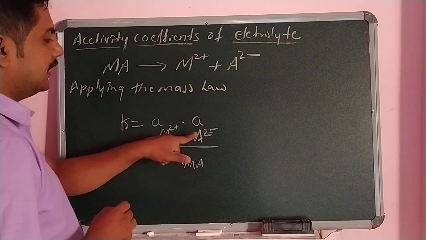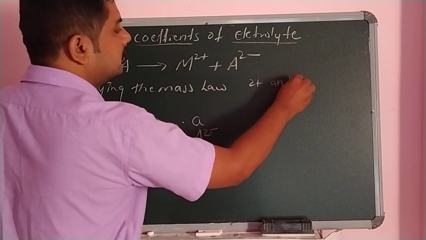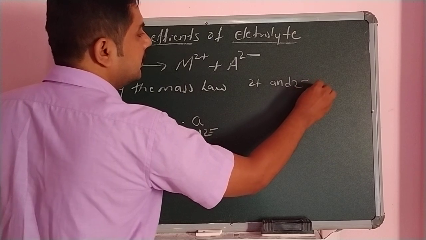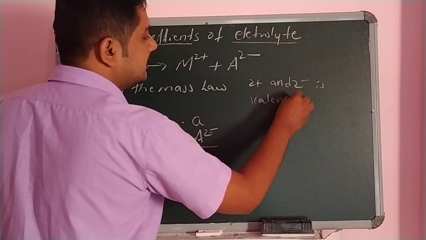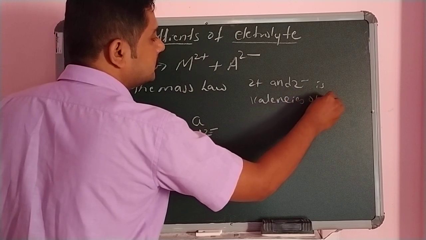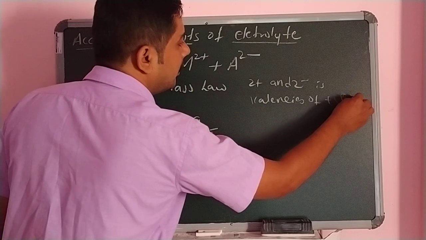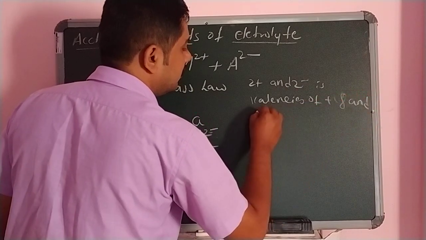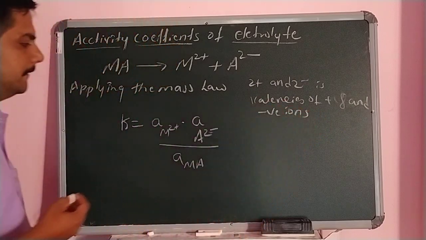Here z+ and z- are the valencies of positive and negative ions.